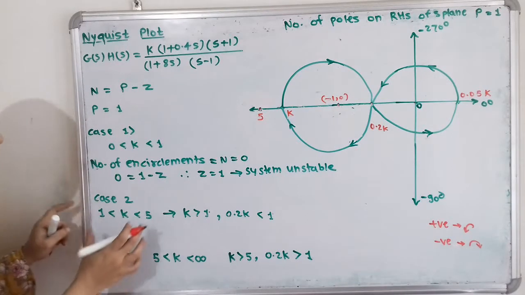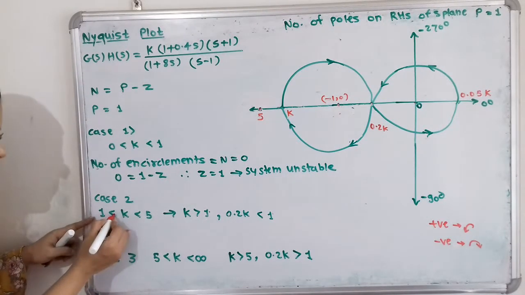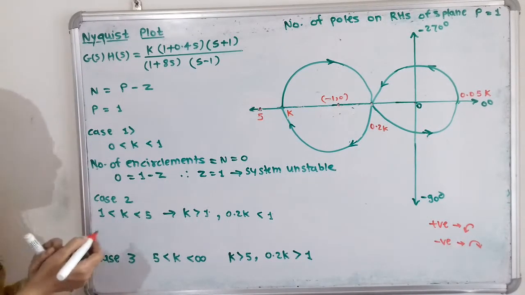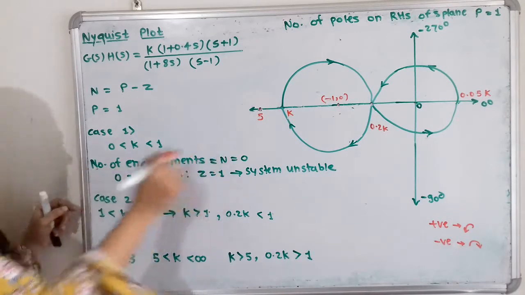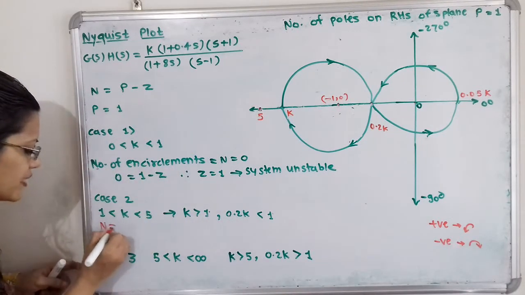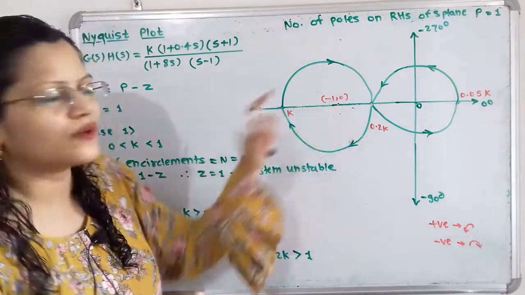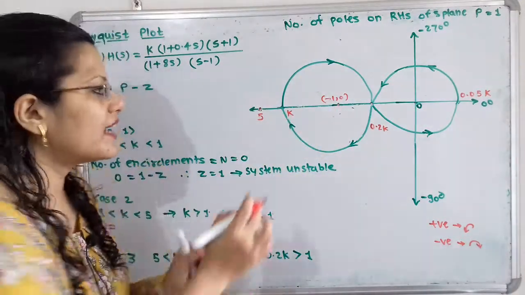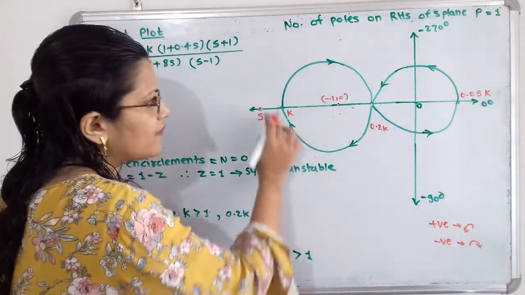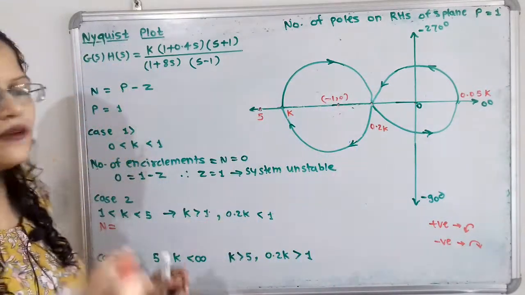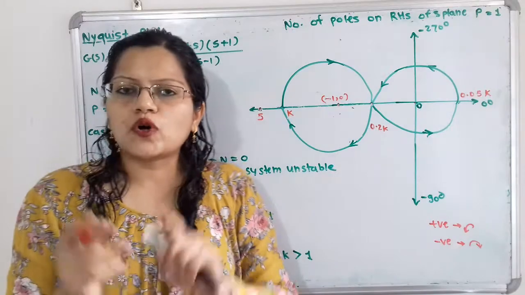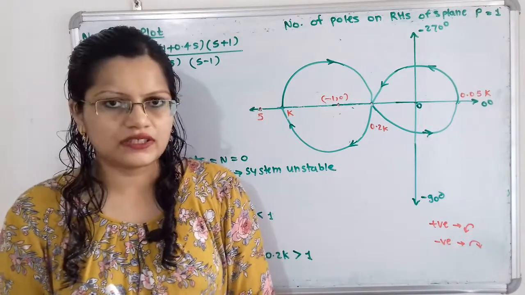So if we select this range, 1 is less than K is less than 5, then what is the number of encirclements, that is the value of N. So if we observe this diagram, here minus 1 comma 0 point is getting encircled or enclosed by one circle. Now here it is important to note the direction for this circle.